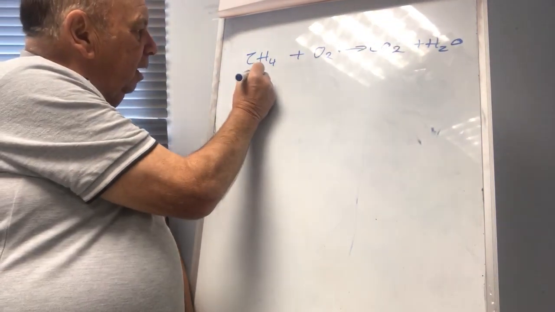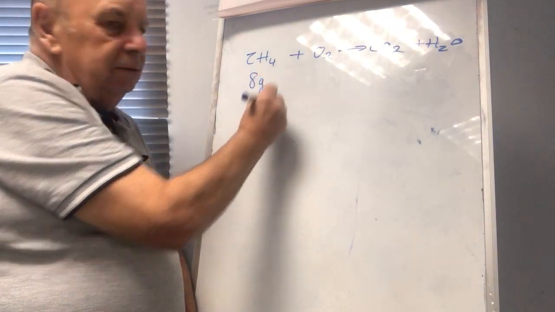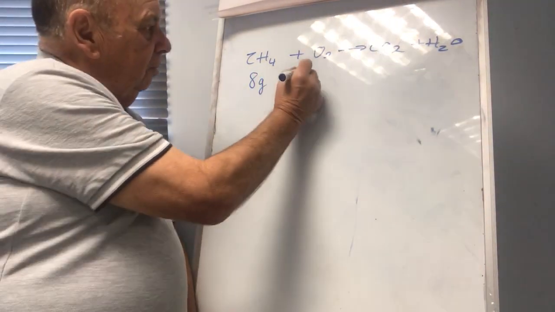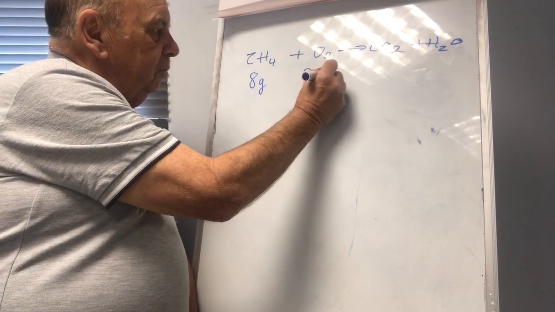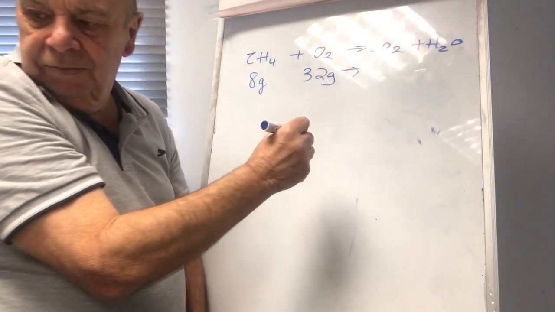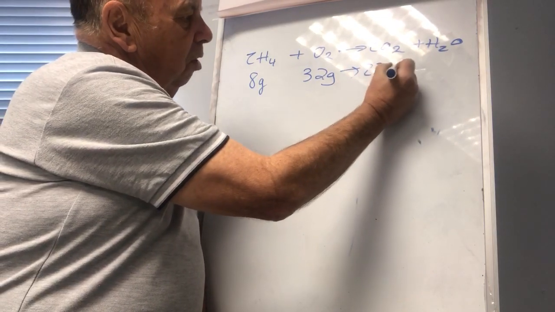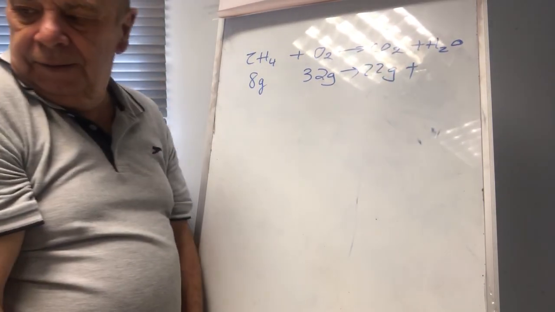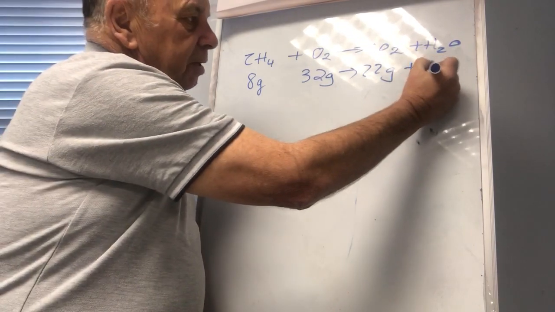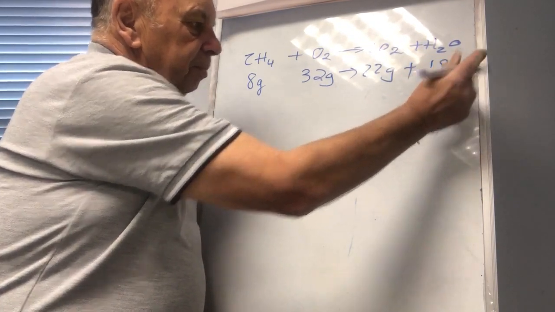And suppose I had 8 grams of that and oxygen, 32 grams of that, reacts to form 22 grams of carbon dioxide and 18 grams of that.